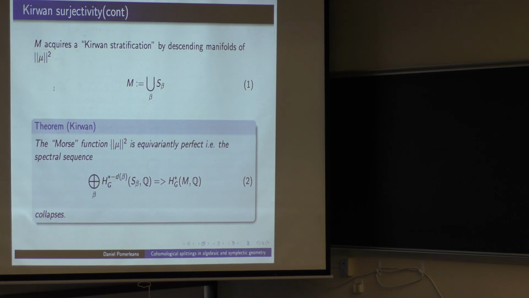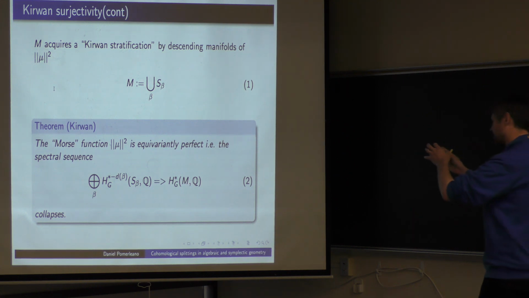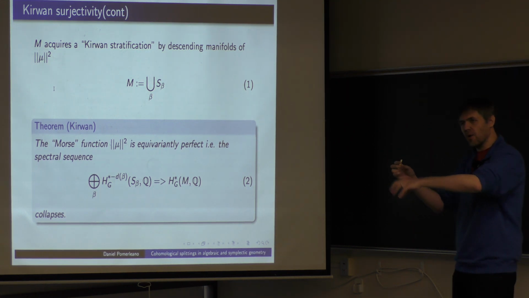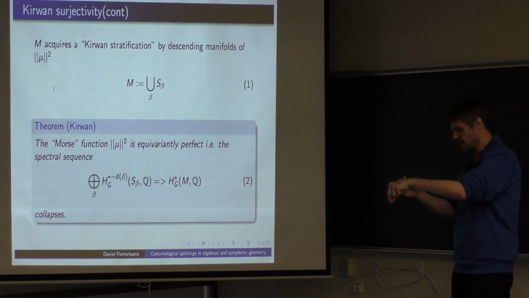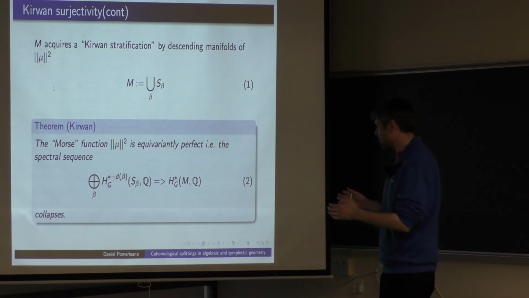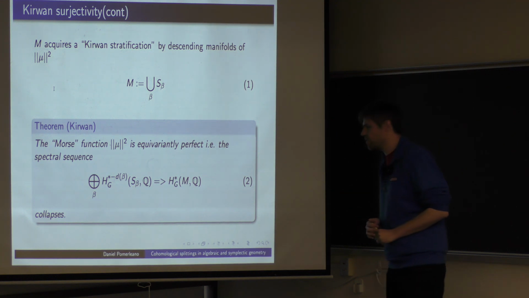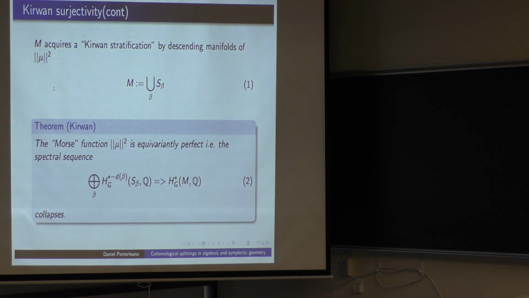But the fact that the spectral sequence collapses gives you a filtration of the cohomology, whose lowest piece is the cohomology of the lowest stratum in your Morse filtration, which is the zero level set. And so that tells you that once you quotient out all the other stuff, you've got something surjective. So that's how she proved her theorem.